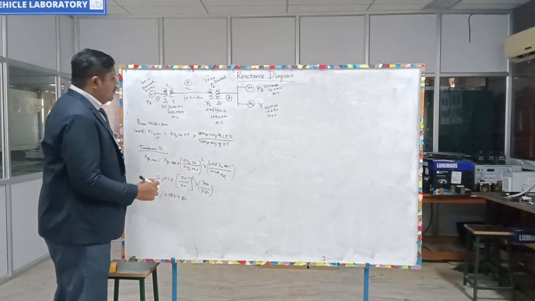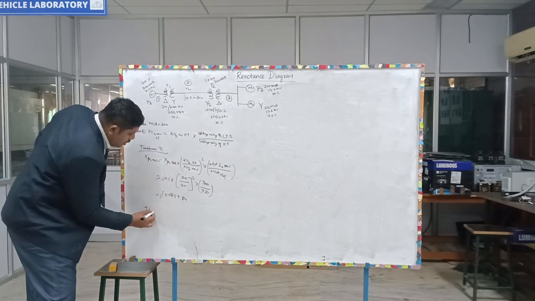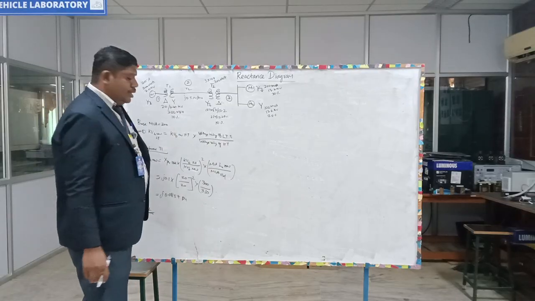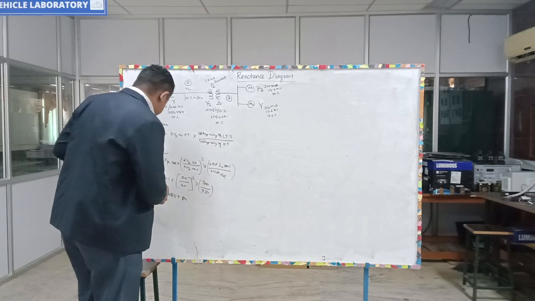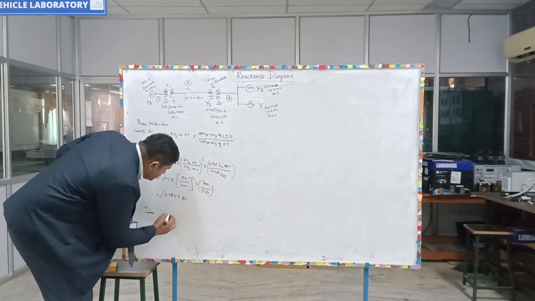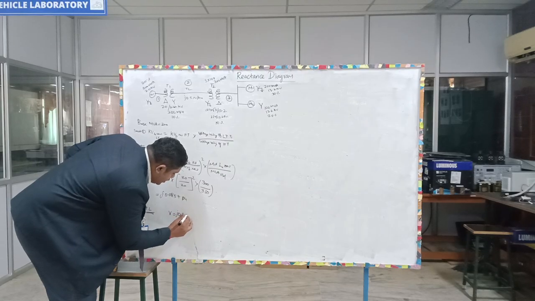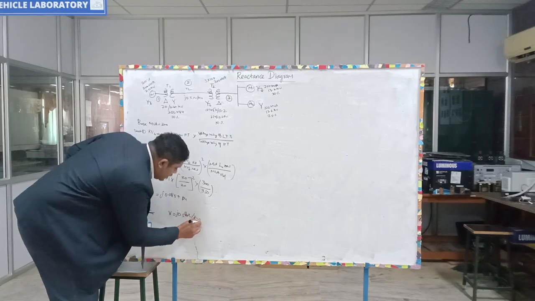Similarly, I have to calculate for the transmission line. What's the value given? The line reactance is given as J0.5 ohms per kilometer.